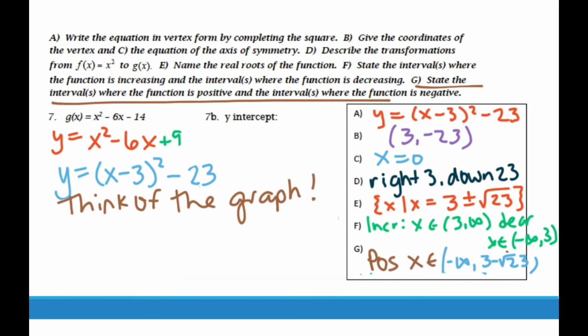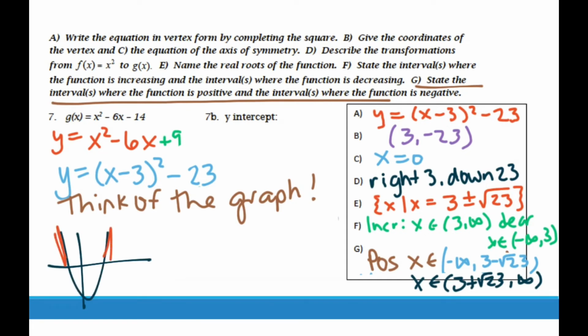It also picks up at 3 plus the square root of 23 until infinity, like I just showed you on the graph. So it's positive here, as you're walking along from there to there and from there to there. Where is it negative? It's negative between these two spots. So what I'm going to write for my negative is that it's negative as long as x is between 3 minus the square root of 23 until you get to 3 plus the square root of 23. And that's where it's negative.